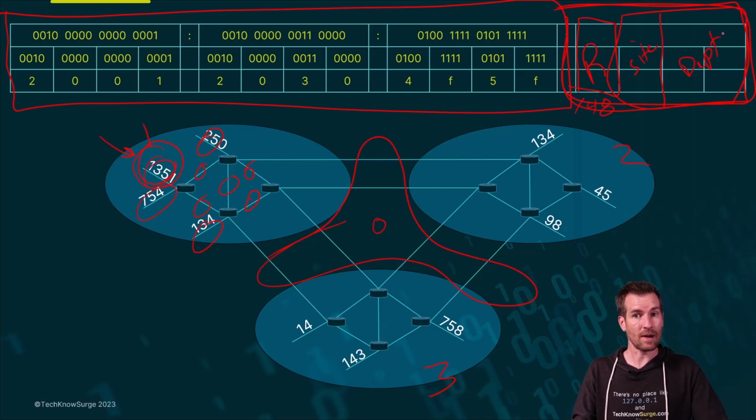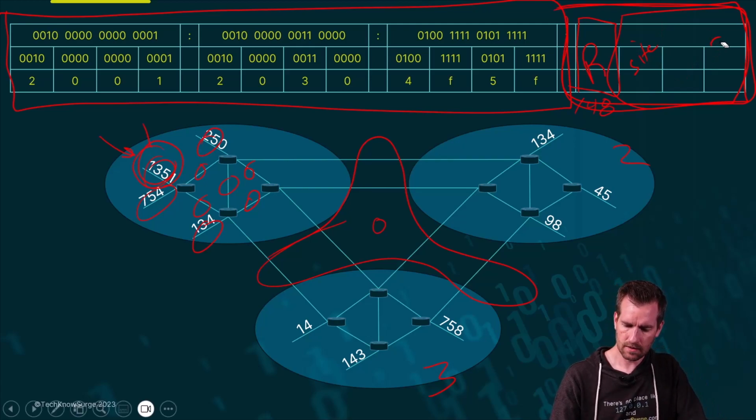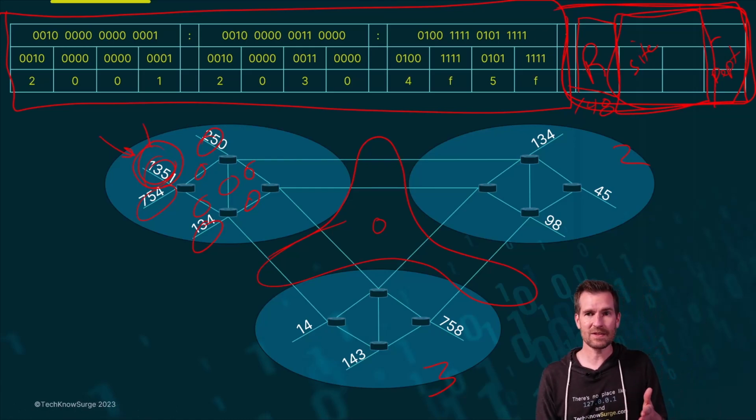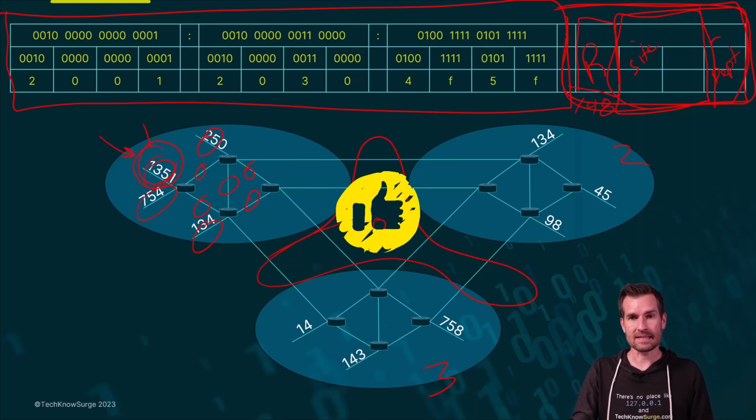The department might take up 2 nibbles, or maybe we make the department take up 1 nibble here. That gives us 16 different departments we can have, and then we've got a bunch of sites that we can roll out. So there's different ways to chop this up. And as I mentioned before, there are wrong ways to implement this, but there are several right ways to implement this as well.